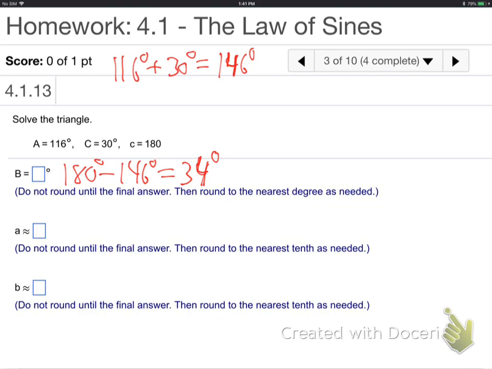Good. And now, how do you find side A? We'll just do the law of sines. So A over sine of A, which is 116, is C, 180, over sine of C, like that? Is it making sense? That's an A up there.